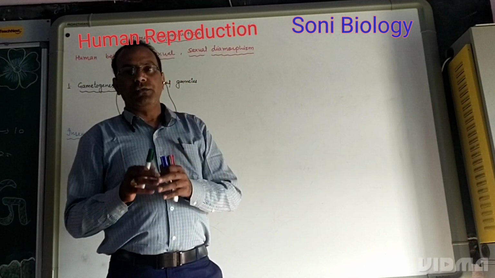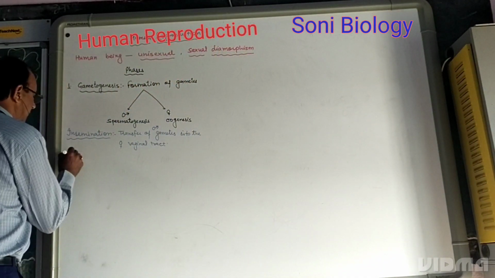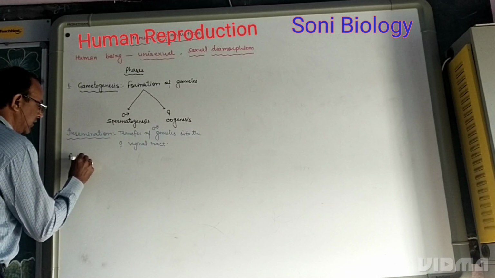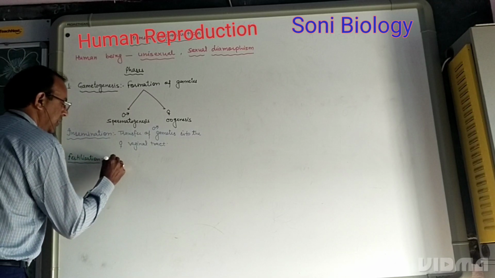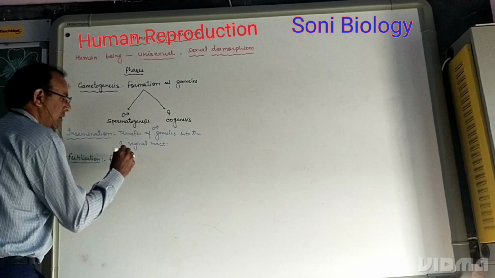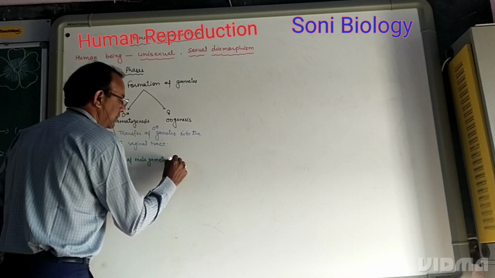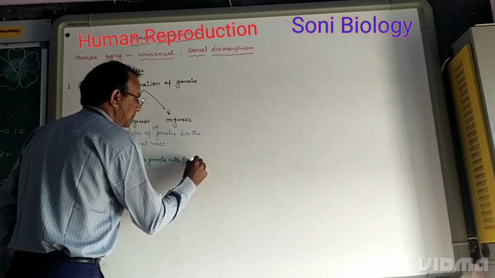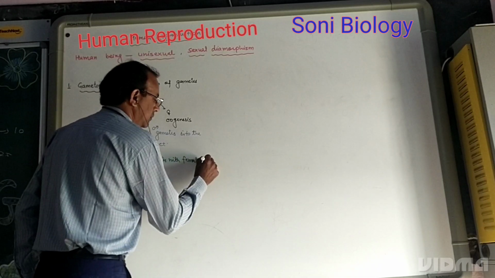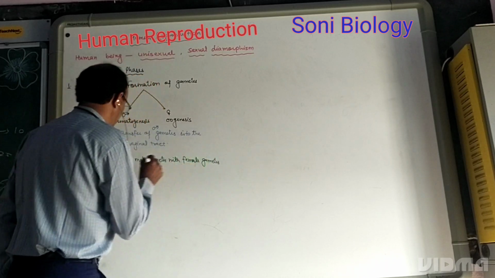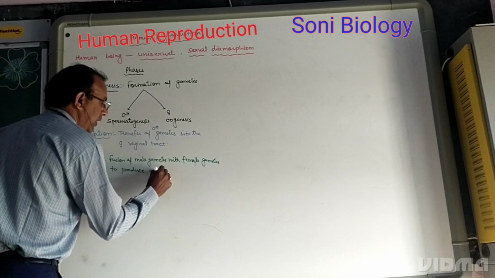After insemination, these male gametes fuse with the egg, and that process is known as fertilization. The next phase is fertilization. What is fertilization? Fusion of male gametes with female gametes to produce a diploid zygote.